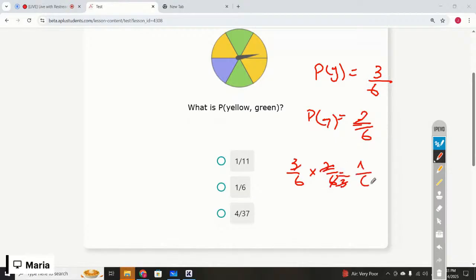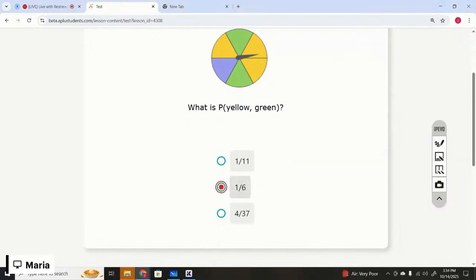That is 1 out of 6. Option number 2 is the correct option.